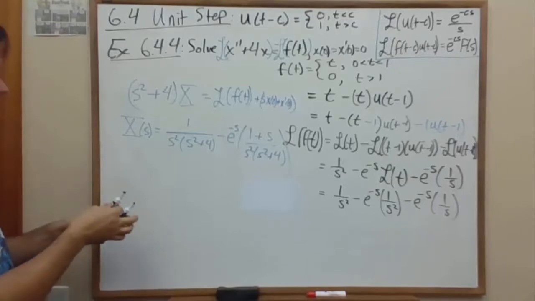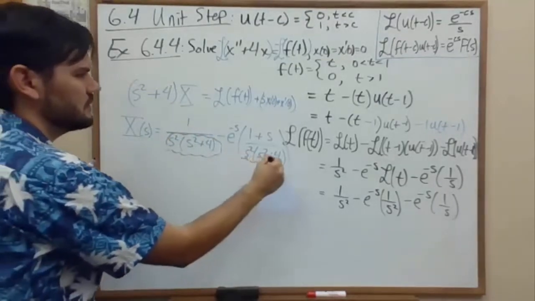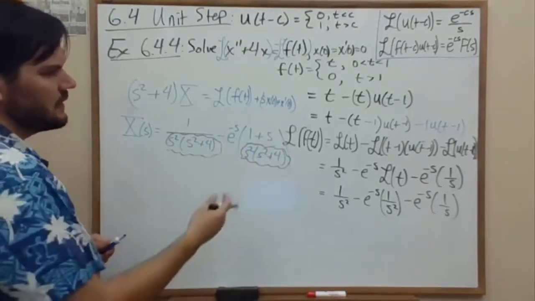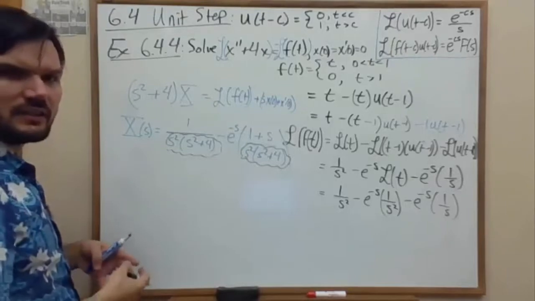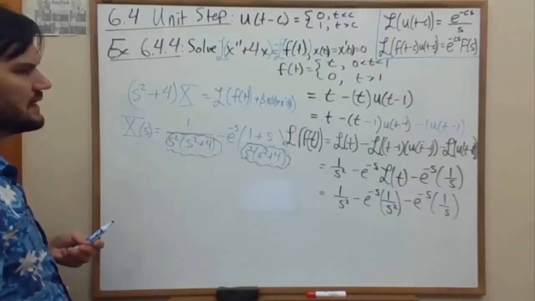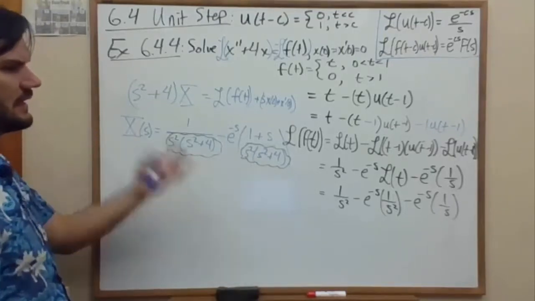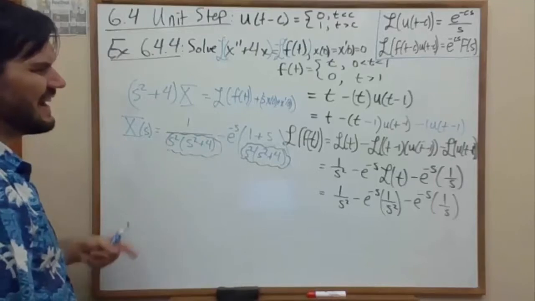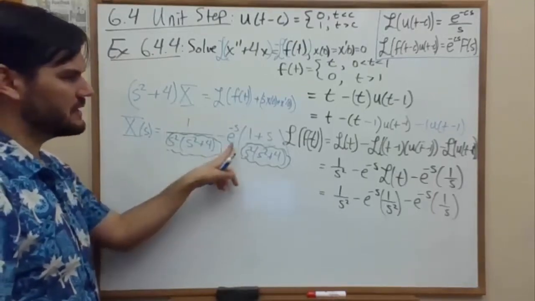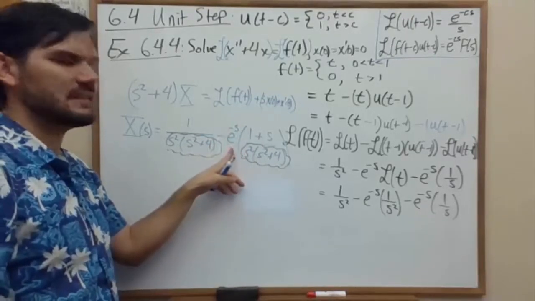Okay, now notice that these denominators will be the same. So our partial fraction decomposition, even though it has two different pieces here, will end up with the same expansion to just an s squared and s squared plus 4. Be very careful not to combine these two in the partial fraction decomposition, because we cannot treat this e to the negative s as a constant.